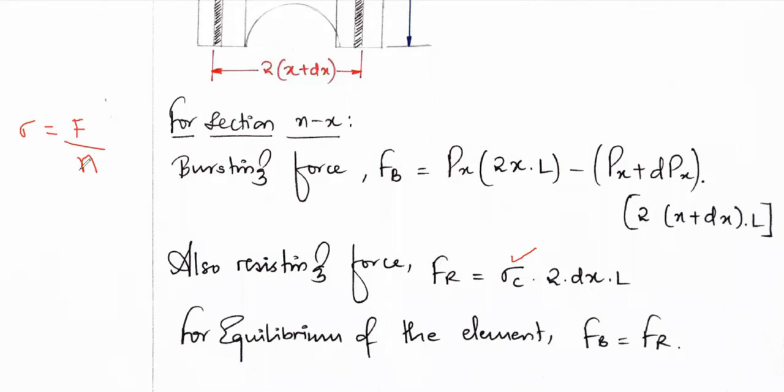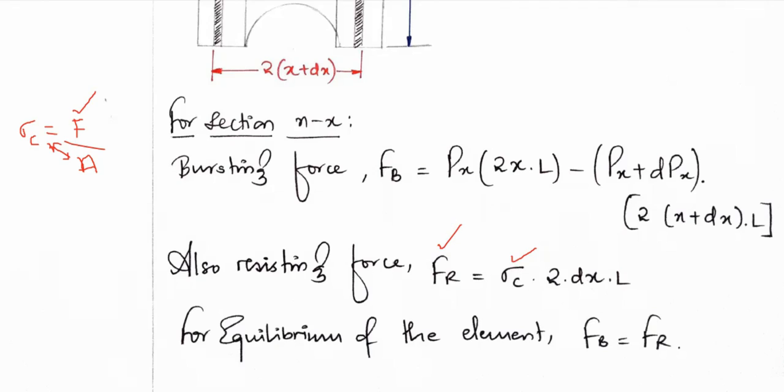So this we already know. In this case, it is circumferential stress, so it becomes sigma c. If force is your requirement, then you can take it as Fr. So you cross multiply these two things, that is area into sigma c. It is sigma c into the area on which the circumferential stress is generated.